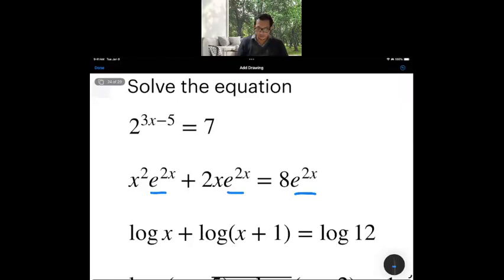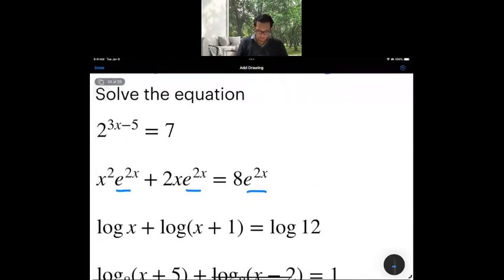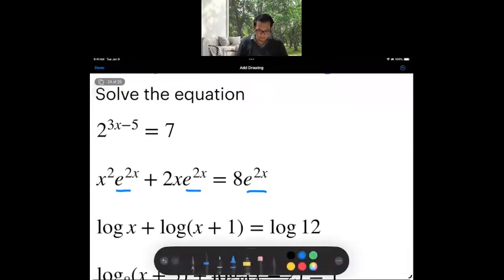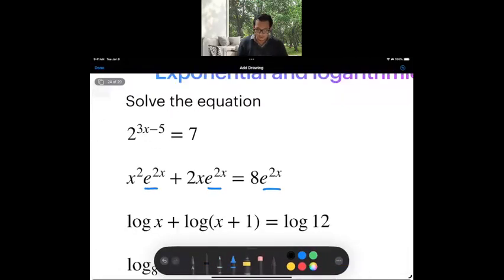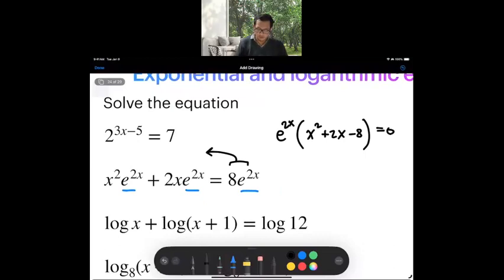Correct. According to Alphonsus, we can write this as e to the 2x times x squared plus 2x, and then the 8, we move to the left, becomes minus 8, and this will be equal to 0. We see that e to the 2x is impossible to be 0 because it is a positive function.